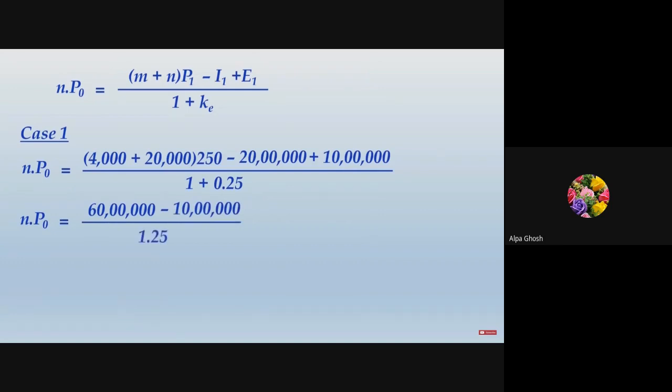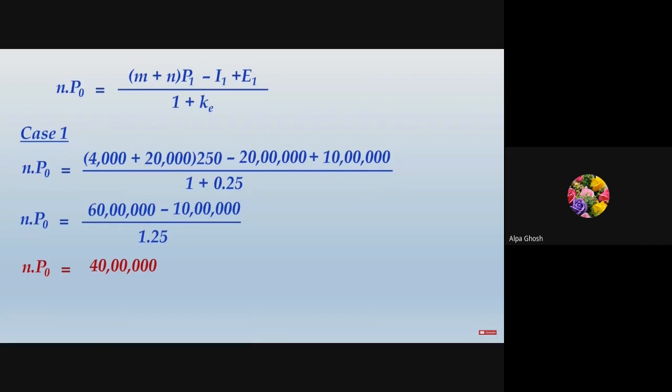So this is one very important thing in MM model, that your share value does not change with your dividend policy. You give less dividend, you give more dividend, you don't give dividend, you give dividend, NP0 will not change. That is what we consider as outcome of MM's model.